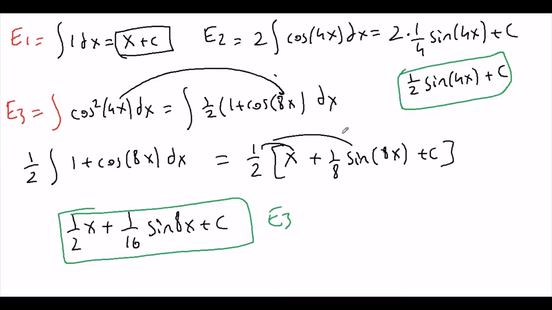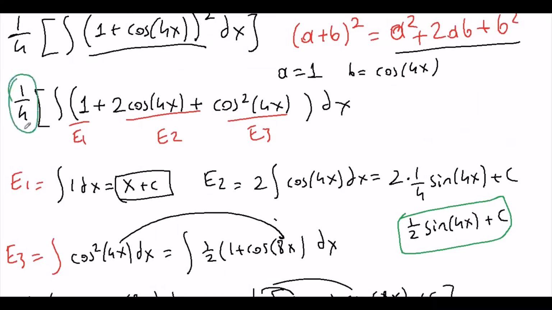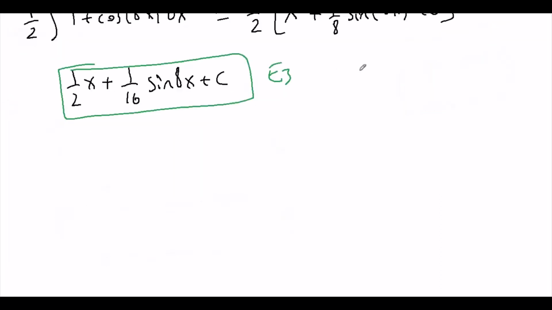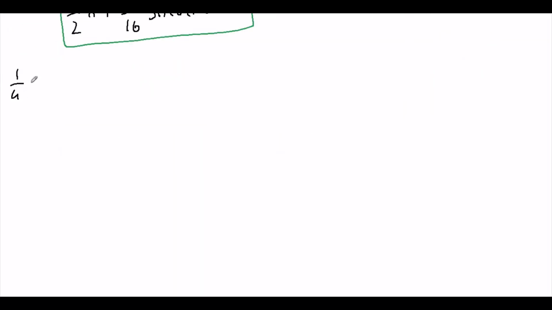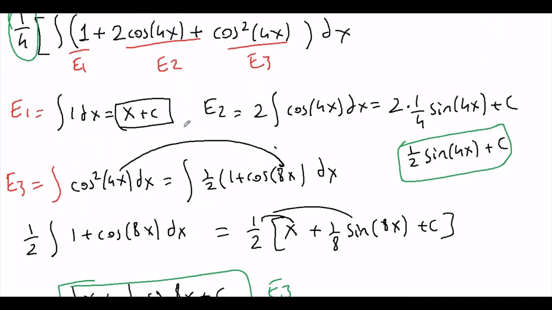Now our blocks E1, E2 and E3 will be multiplied by 1/4 in front of the big integral sign. So we have 1/4 times, let's go check. Our E1 is just x.